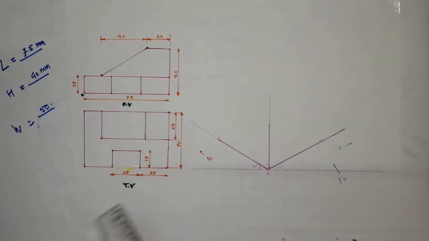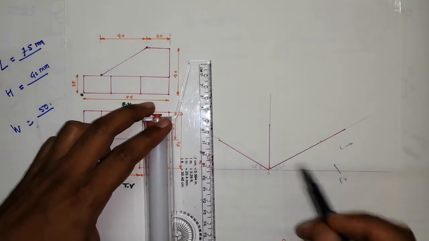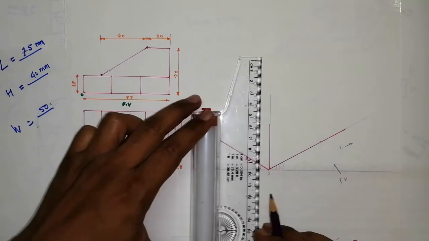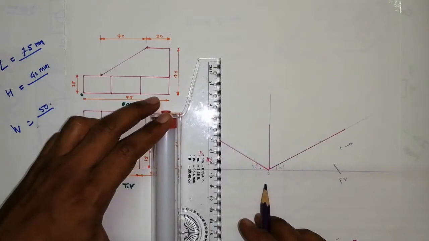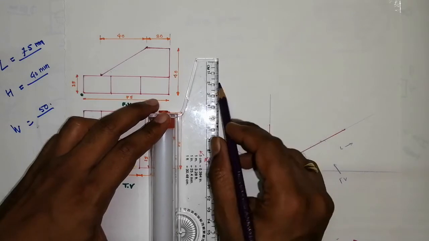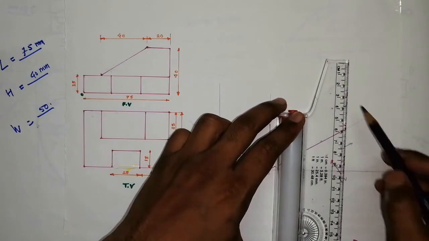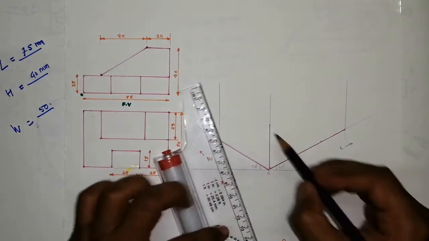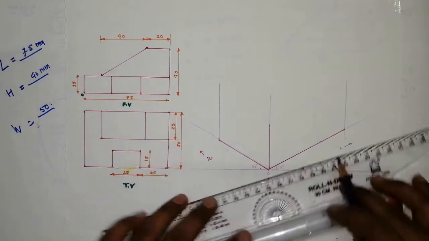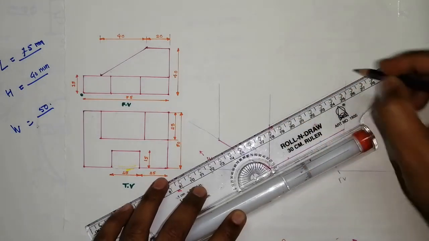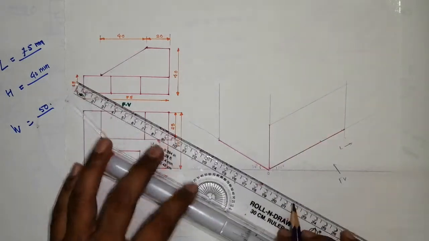Now to complete the three-dimensional box, from this intersection draw a vertical line parallel to height, likewise here and here. Now from this intersection draw parallel to length, likewise here it is parallel to width.